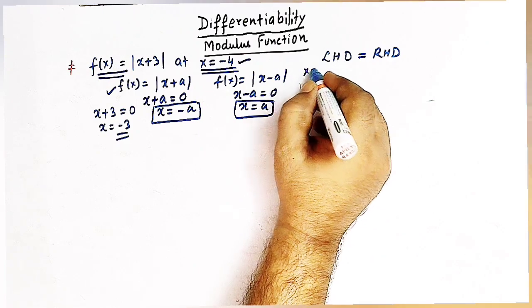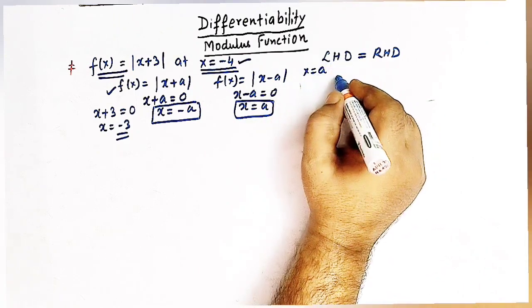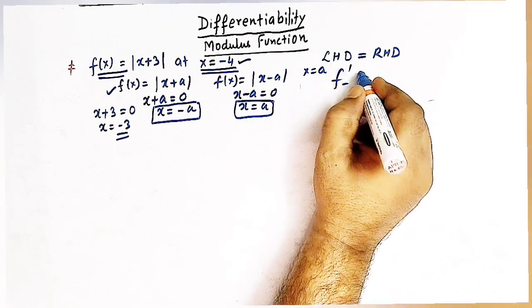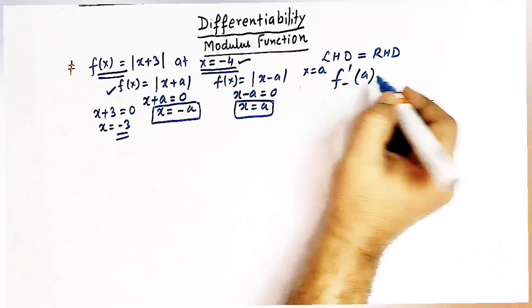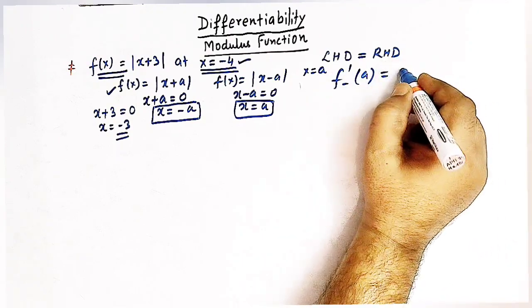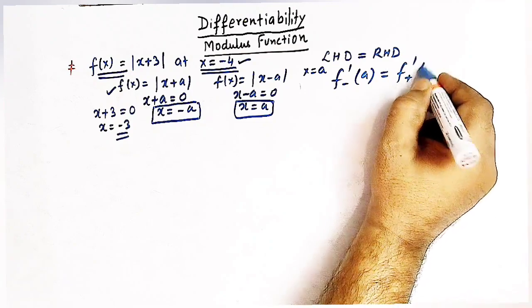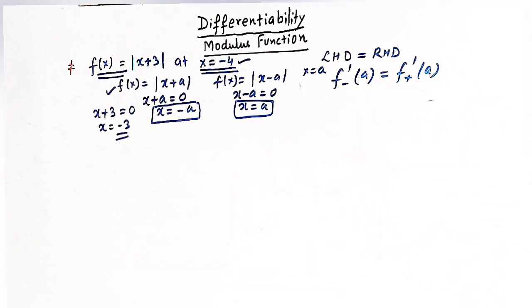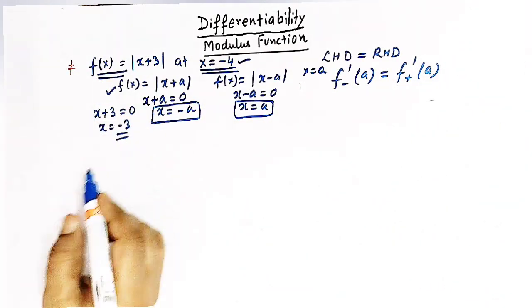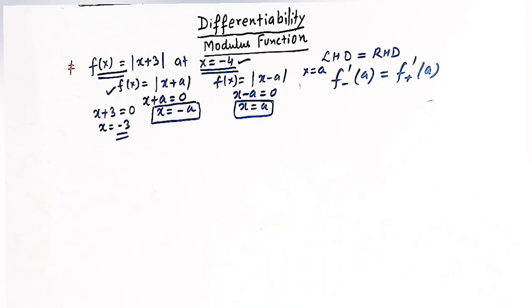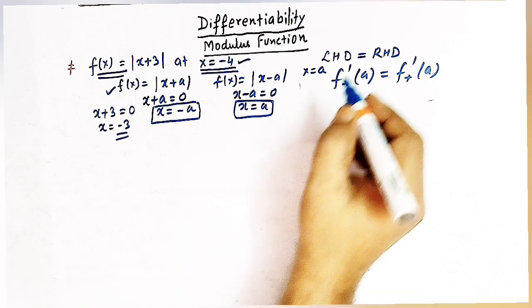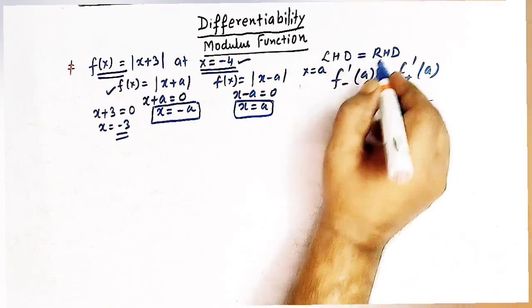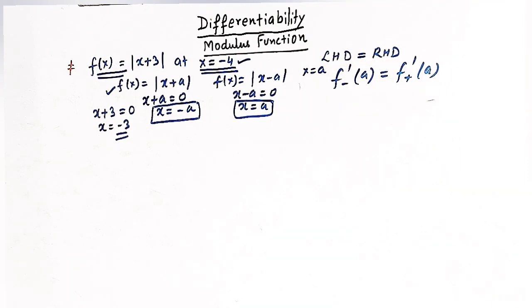So if we have a point, say x is equal to a, then the left hand derivative at this point must be equal to the right hand derivative at x is equal to a. So in this case, first we'll find the right hand derivative, then we'll find the left hand derivative, and we'll see that both the derivatives are equal to each other.